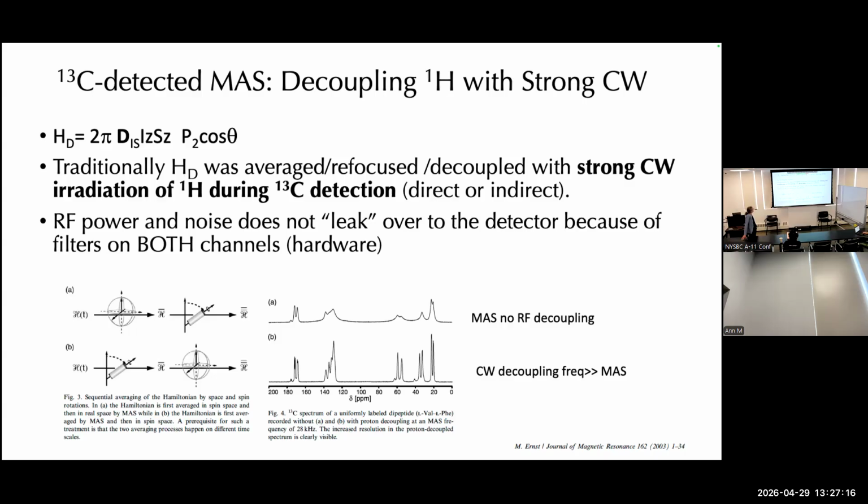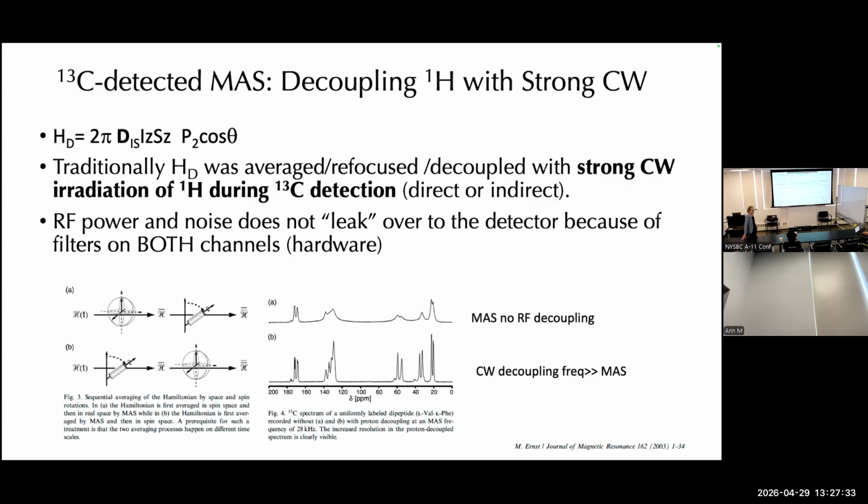Now we're talking about the problem of detecting a carbon when you have a lot of protons in the sample that are coupled to each other and to the carbons. And you have a dipole Hamiltonian, the heteronuclear dipole Hamiltonian.